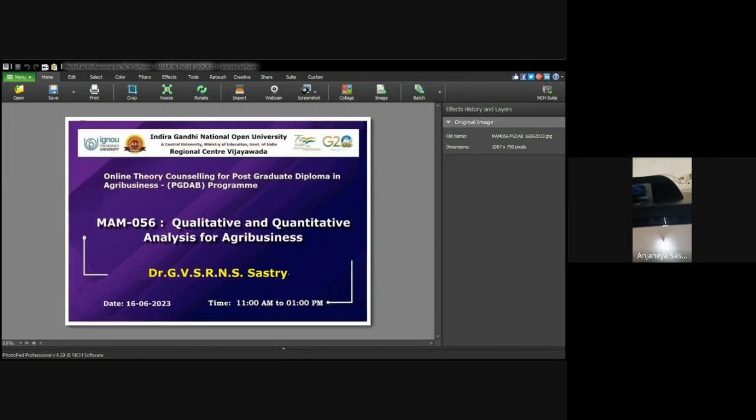If the respondent is not aware of the things, the enumerator has to guide him and get the response from the respondent. So it is not suitable for a large geographical area. It is suitable for a limited area. If you take interviews of the student community, we can get respondents for Krishna district or maybe for Vijayawada.